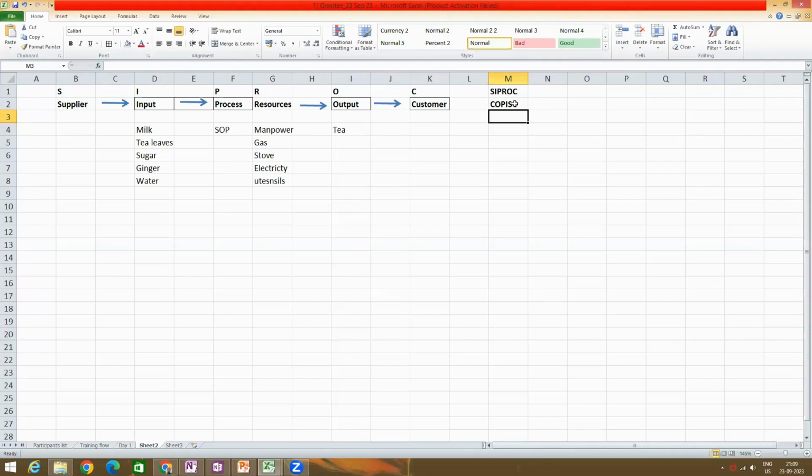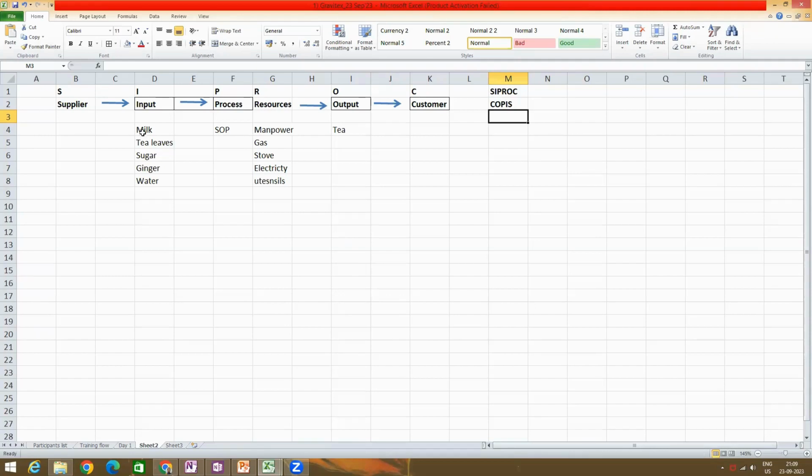Whenever we want to understand any process, the first requirement is to understand not only the process but also the one tier down, which is called the upstream process, and the next process step, which is called the downstream process. That is very important, especially in the service industry. So we need to understand our supplier.